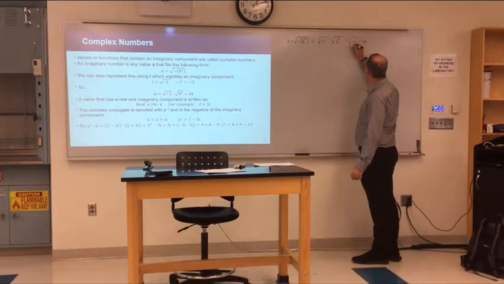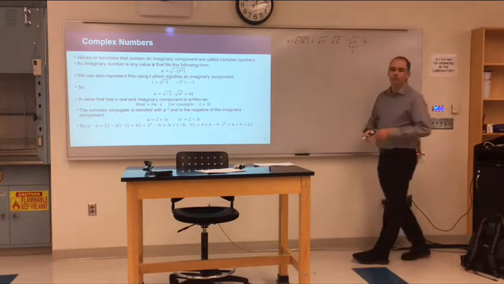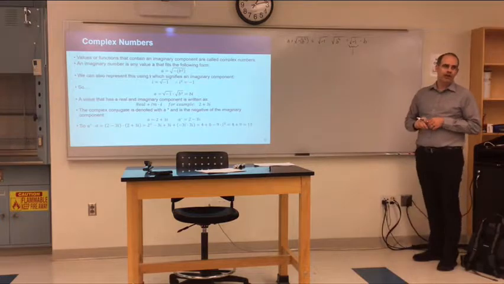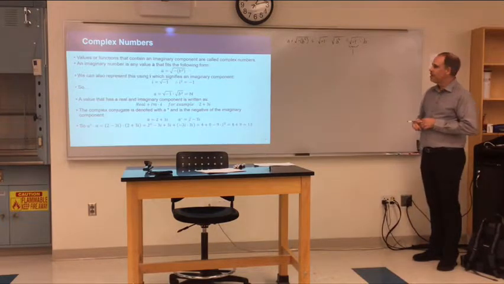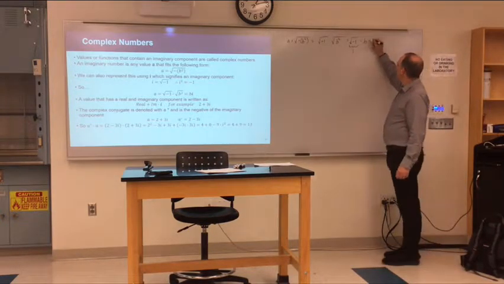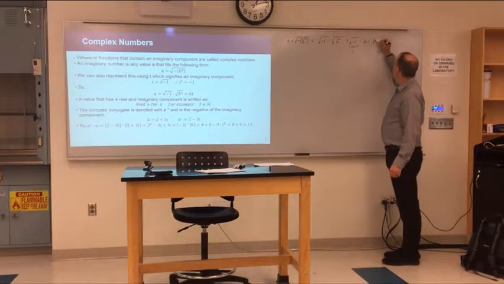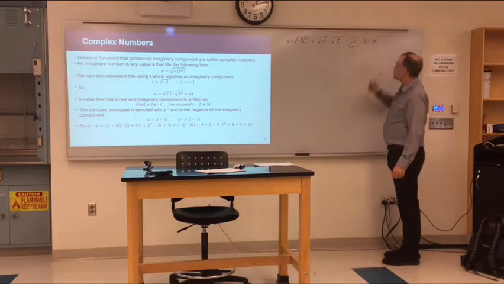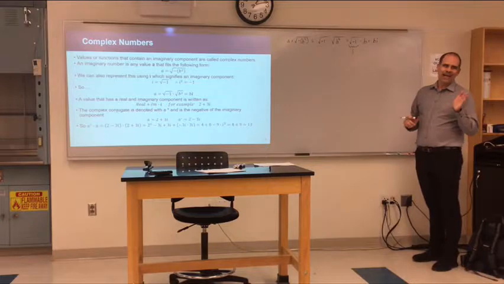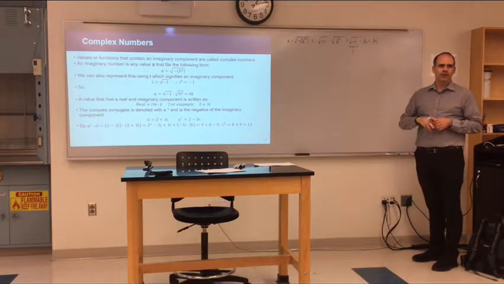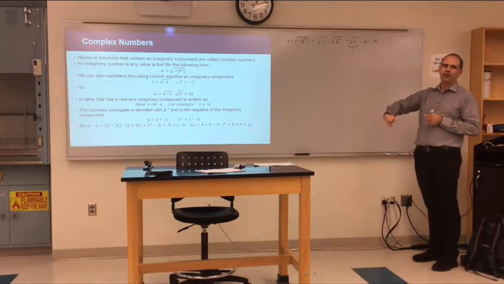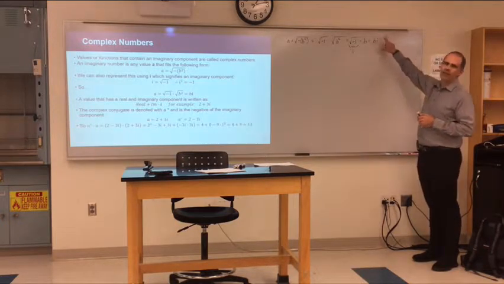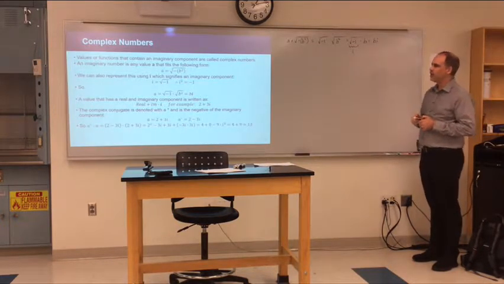We solve that problem by calling this i. i for imaginary. Okay? So this then would be b times i. Typically the i goes at the end. If you have a string of things being multiplied together, the imaginary component most of the time you're going to see put at the very end, right?